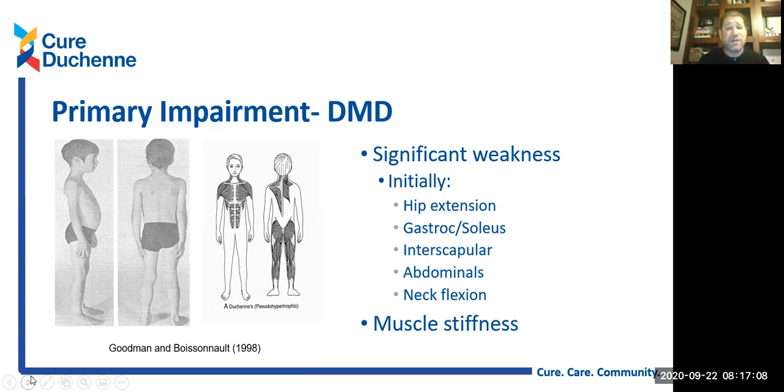And then as well, muscle stiffness. As those muscles start to get weak, as fat and scar tissue and fibrosis is laid down in those muscle groups, they're going to start moving less and getting more stiff.